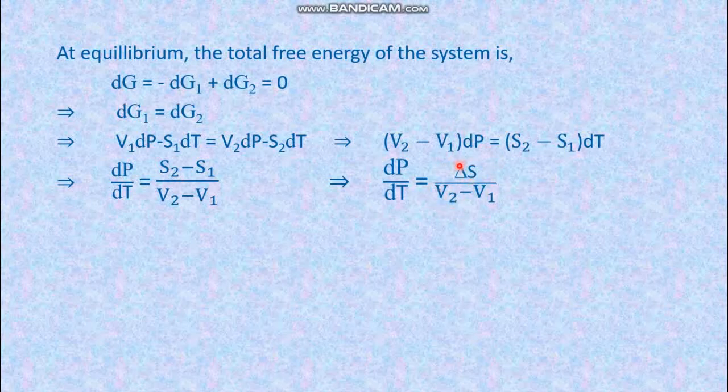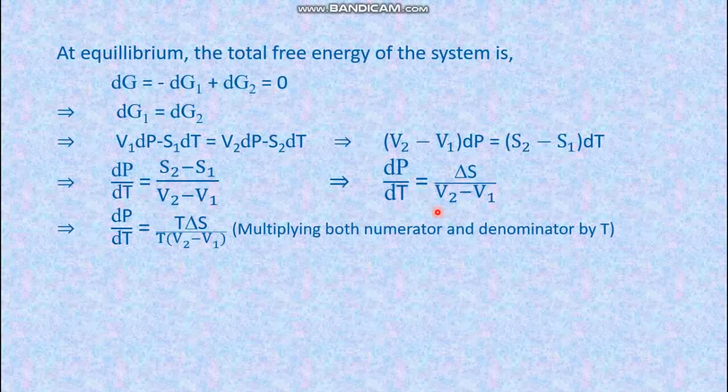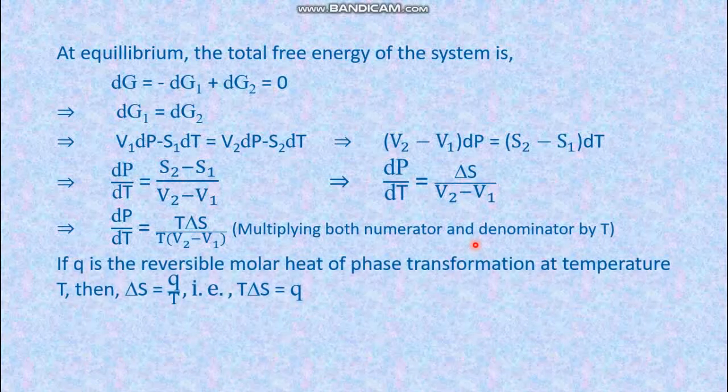So let us multiply temperature T in the numerator and also in the denominator. Then we shall get the next expression, which is dP by dT equals T delta S divided by T into (V2 minus V1). Here we are multiplying both numerator and denominator by temperature T.